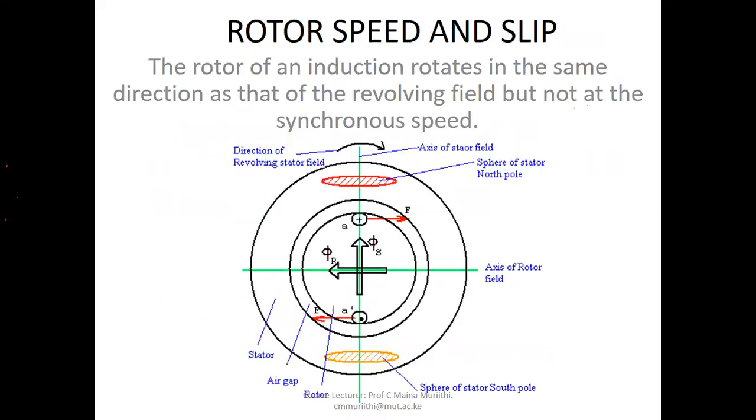Now, the rotor speed and the slip. Having established that we have a revolving magnetic field in the stationary stator windings, we also established that if we have a magnetic field moving in a particular direction and cutting stationary conductors, then the conductors will experience a force which we call the Lorentz force, and will tend to move the conductors in the same direction as the moving pole.